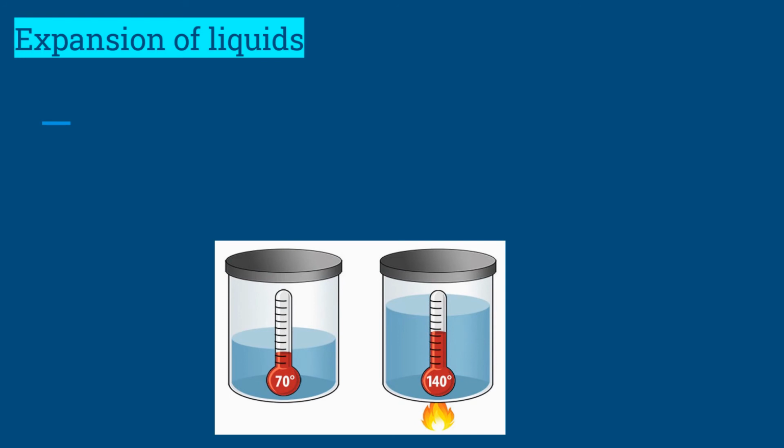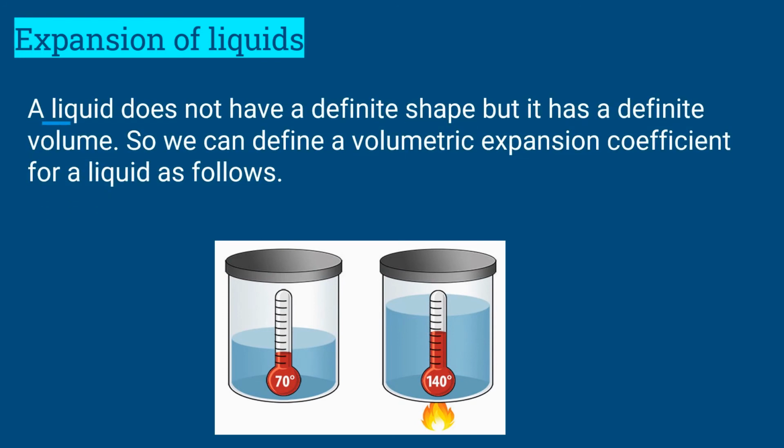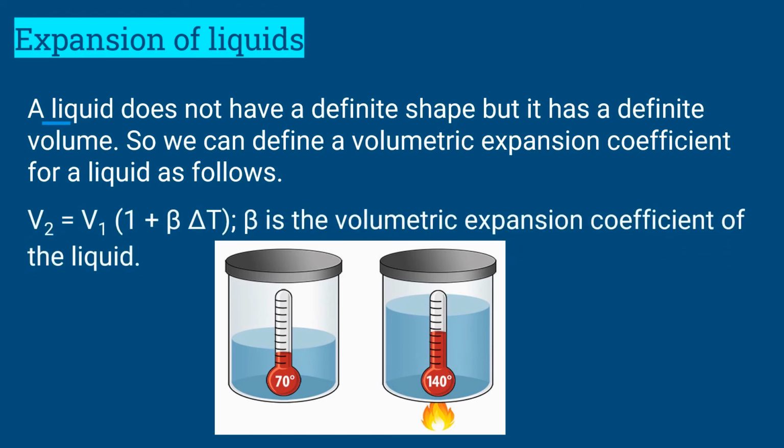Since liquids do not have a definite shape, but have a definite volume, only volumetric expansion can be defined for liquids. The formula is given as V2 is equal to V1 (1 + βΔT). Now as we know, beta is the volumetric coefficient of expansion, delta T is the change in temperature, V2 is the final volume, and V1 is the initial volume.